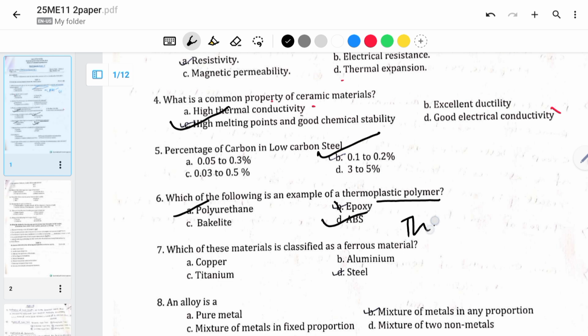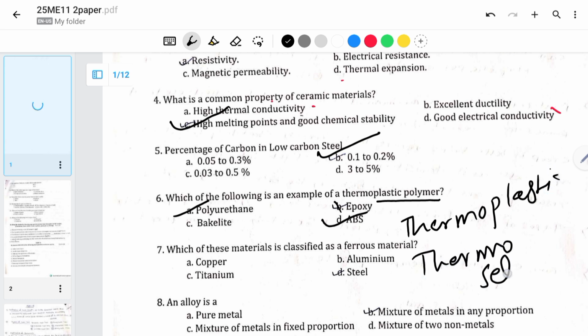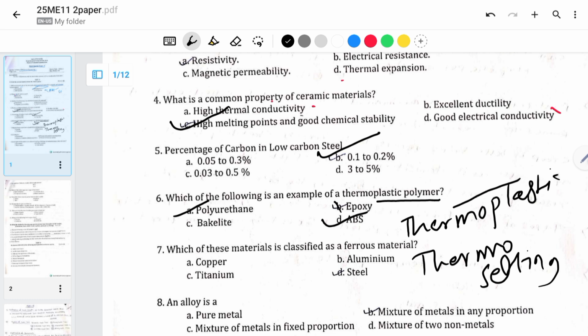Thermosetting materials, or thermosets as they call them, once you heat them, will not change their shape again if you try to heat them. But in a thermoplastic, you can heat again and again, and when you apply heat the material becomes soft.